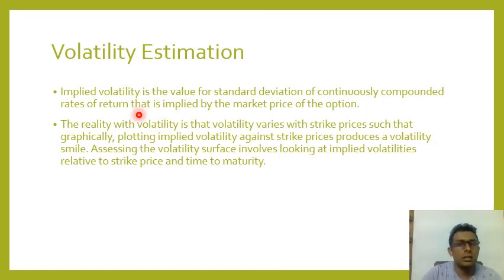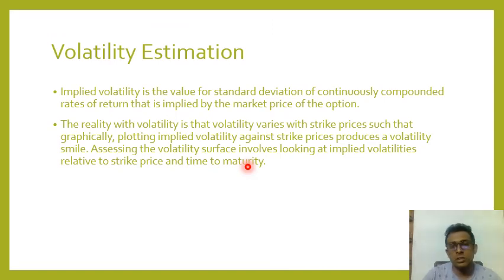Okay, just the plotting of implied volatility against strike prices is what is called a volatility smile. And these strike prices and implied volatility are found out by the method I have told you just now. And assessing the volatility surface involves looking at implied volatility relative to strike price and time to maturity. So that's all about volatility estimation.